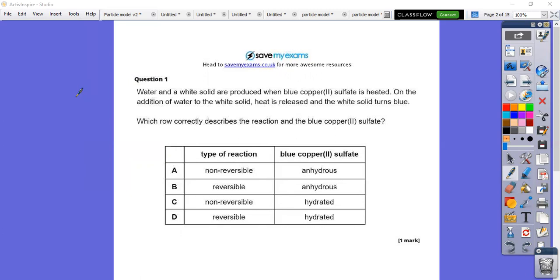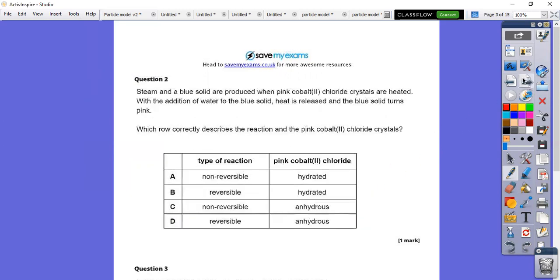Is it hydrated? Definitely is hydrated. Good. So it's C or D. Is it reversible? It is reversible indeed. Next one.